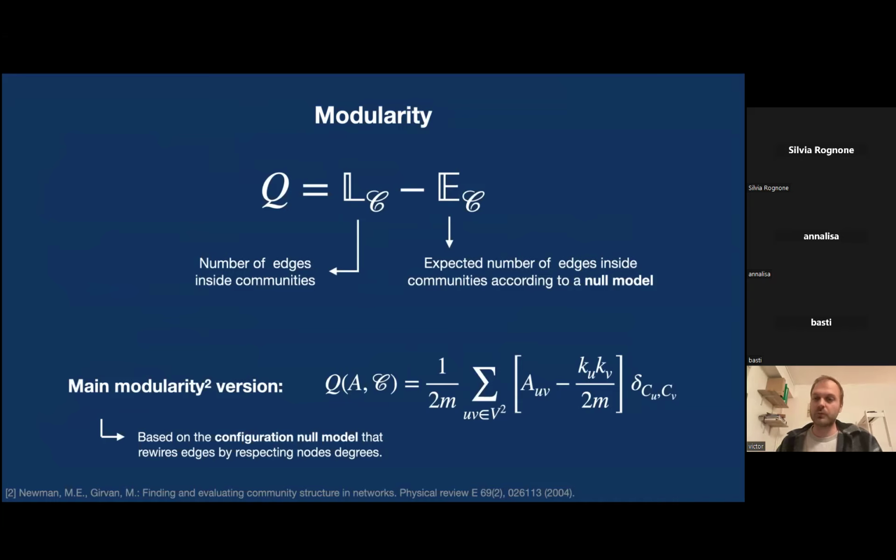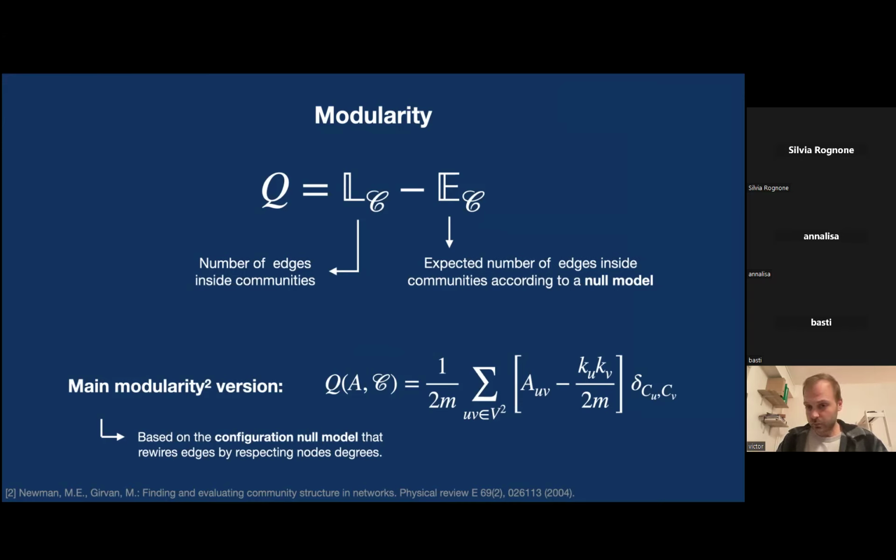For example, the most common null model is called the configuration null model, and it says that the graph you observe is generated according to a probability that is given by the degrees of two nodes. So the higher the degrees of two nodes, the bigger the expectation of a link between them will be. And the most common modularity function is here on the screen.